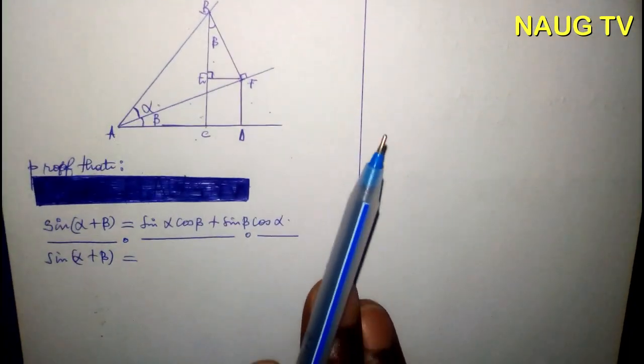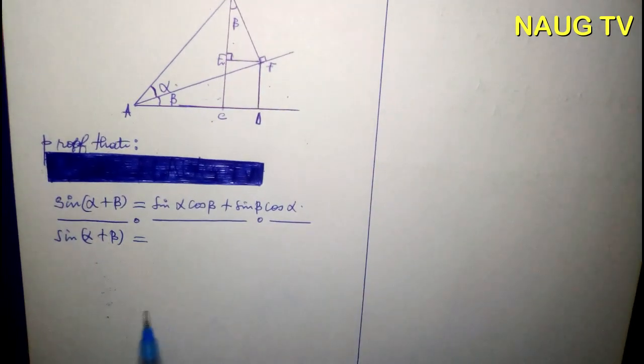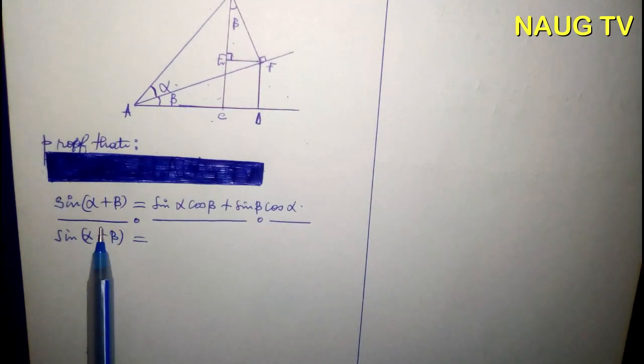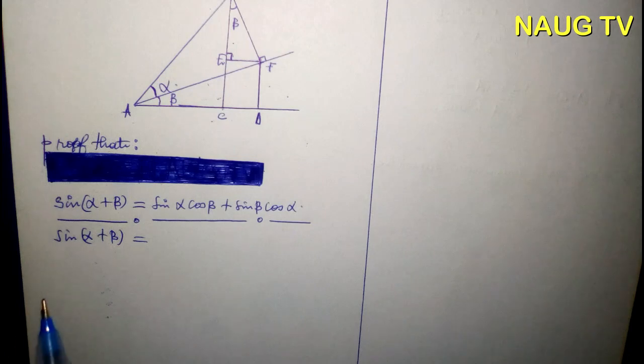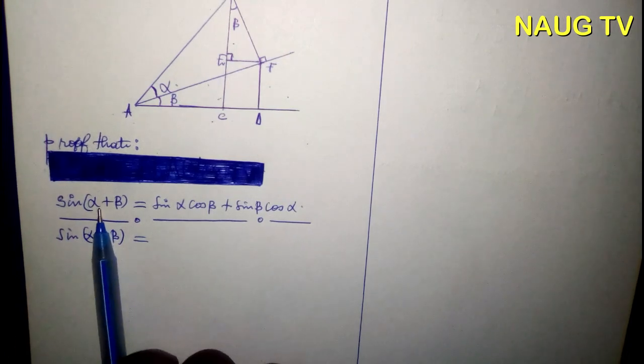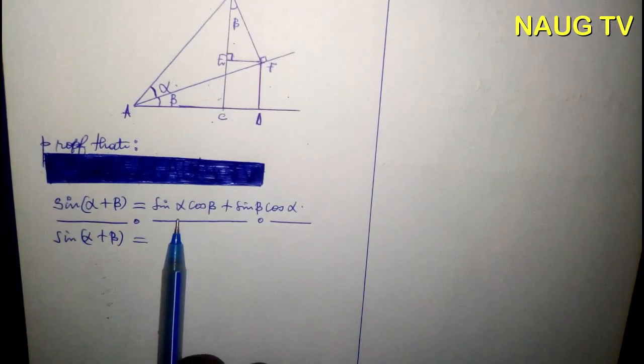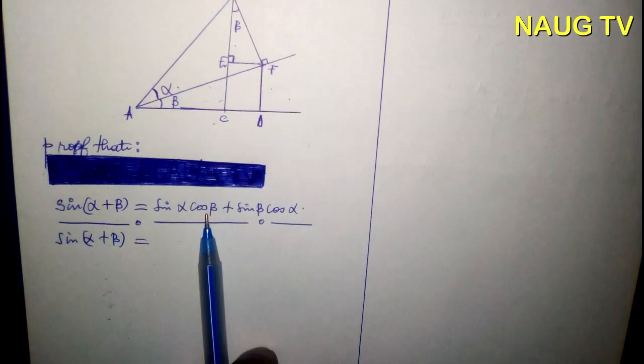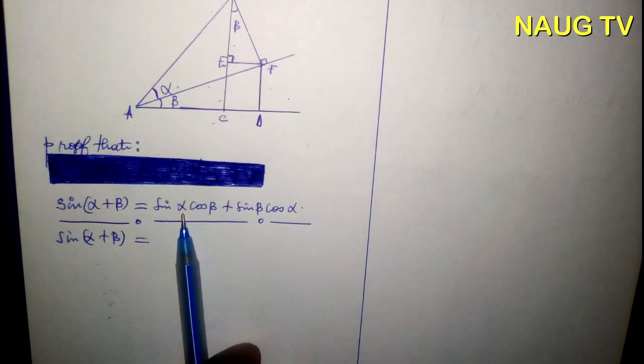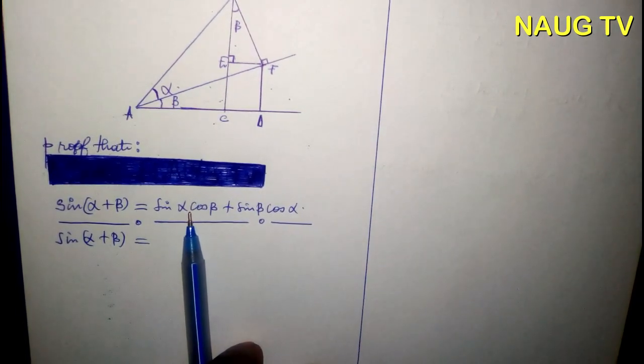So now we are going to see how we can prove that sine of beta plus alpha equals sine of alpha times cosine of beta plus sine of beta times cosine of alpha.